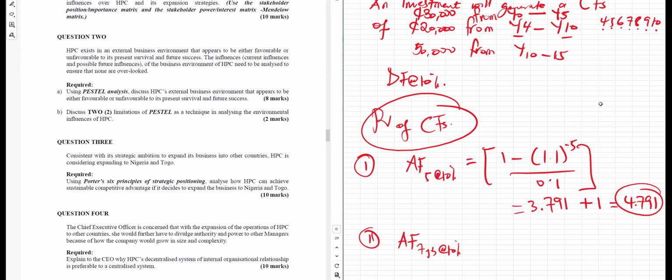So I have a 7-year annuity. I'm going to do 1 minus 1.1 raised to the power minus 7 all over 0.1. But then because it drops me 1 year earlier to year 3, I'll just multiply by the year 3 discount factor, 1.1 raised to the power negative 3.